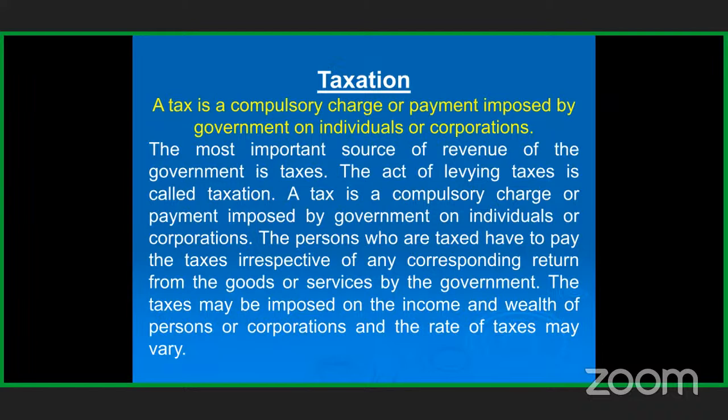It is also known as direct tax. If the tax is imposed on the sales of goods and services, it is known as indirect tax. Sales tax, GST, these are all indirect taxes.